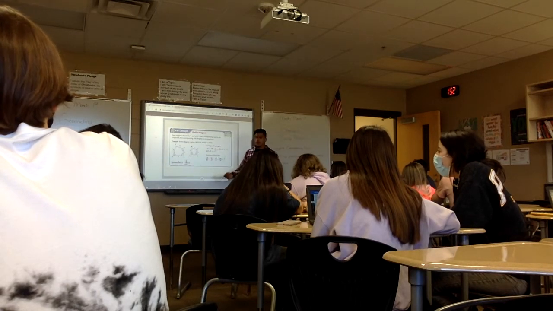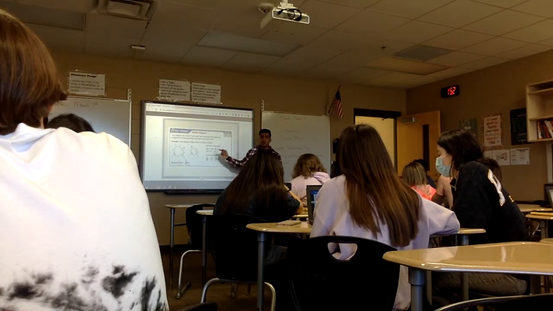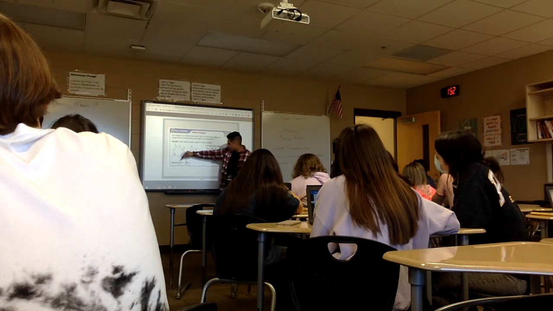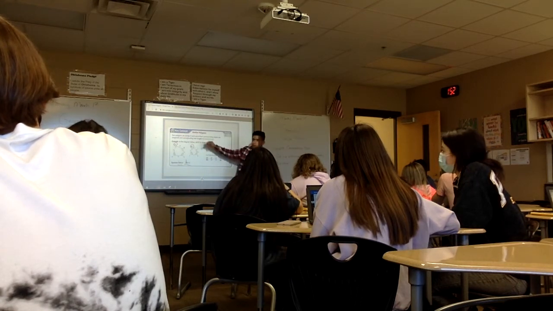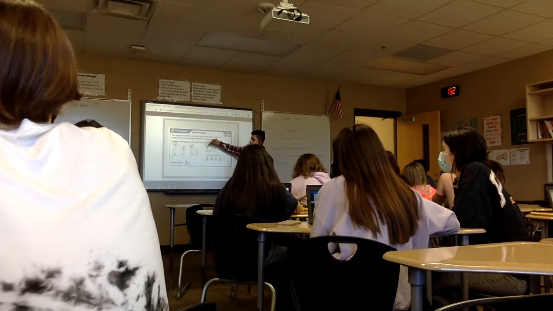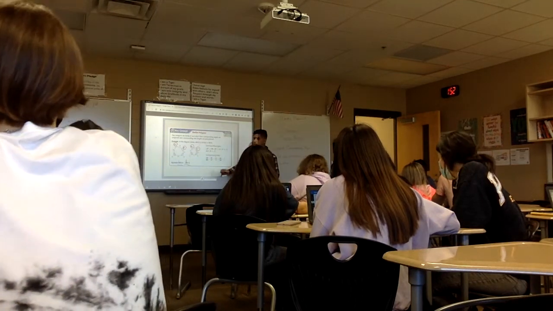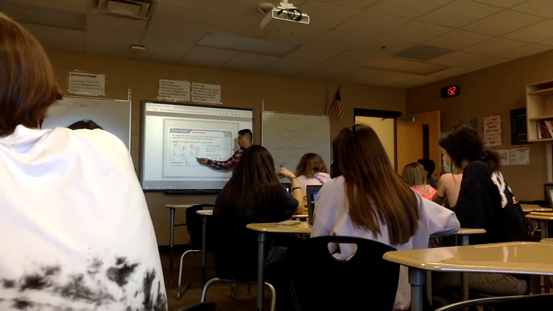Now, like I said earlier, for polygons to be similar, the angles are congruent. So angle A is going to be congruent or the same as W. Angle B is going to be congruent with X. And what about angle C? Y. Yeah.